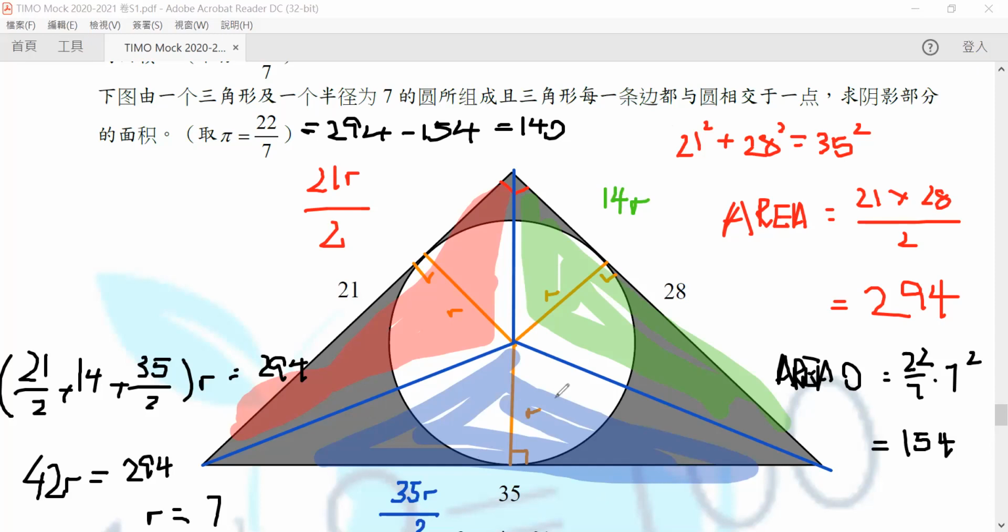This is an inscribed circle, the circle that is bounded by this triangle. By separating it into 3 parts and calculating the areas of the 3 triangles separately, and then combining them so that it is equal to the area of the whole triangle, we can calculate the radius of the inscribed circle, right? So the answer is 140.